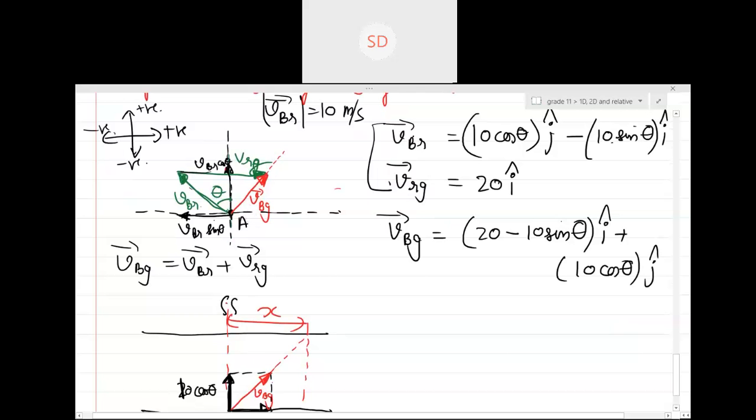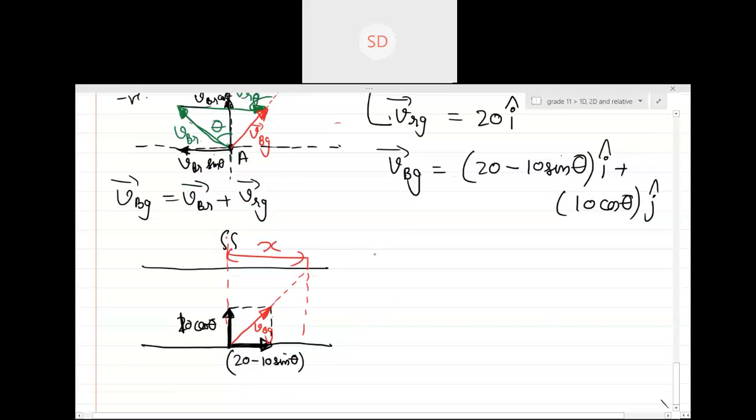ठीक है. So once you get the velocity of boy with respect to ground, which is basically this, now करना क्या है, what was, can you see one component, the component of a VBG which helps in crossing?